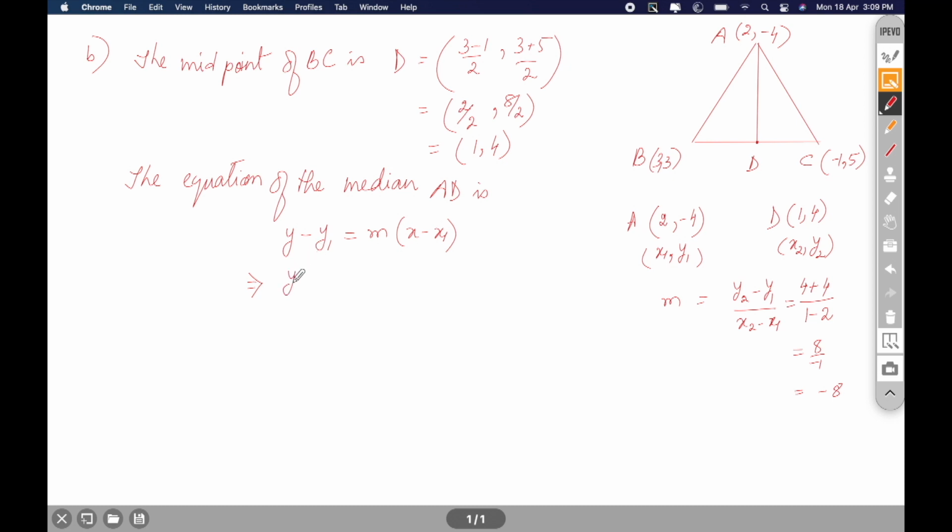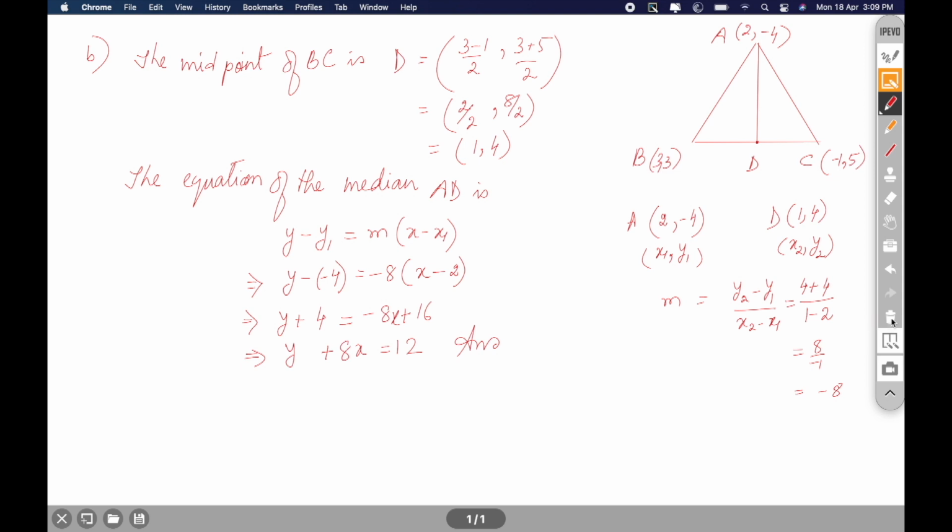So y minus of minus 4, m is minus 8, and x1 is 2. So this gives y plus 4 equals minus 8x plus 16. So this gives y plus 8x equals 12. So this is the final answer.